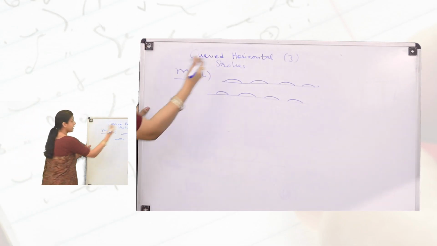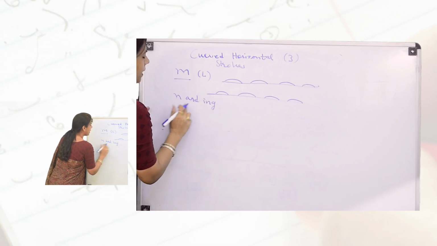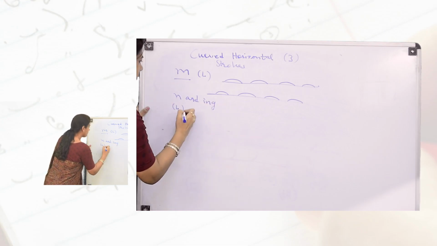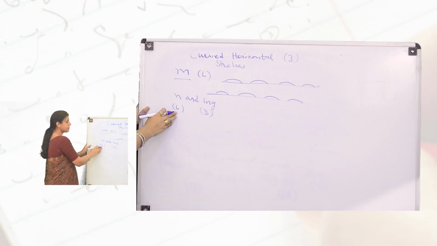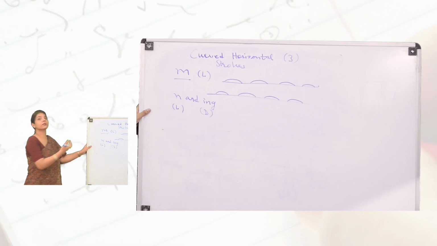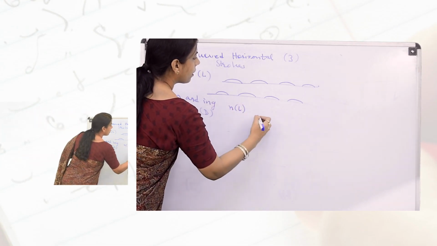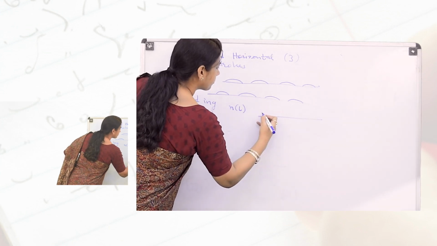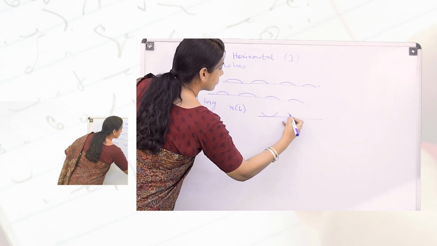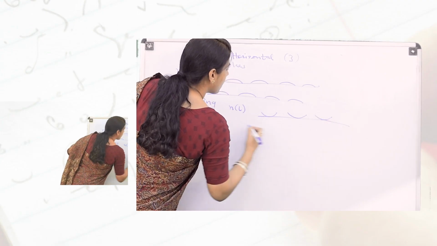Next, the next 2 consonants are forming a pair, N and ing. N is light and ing is dark. N is a light sound. Ing is a heavy sound, so it cannot be written with a light touch. Now first we'll do the outline for N. Again, a curve like this from left to right.